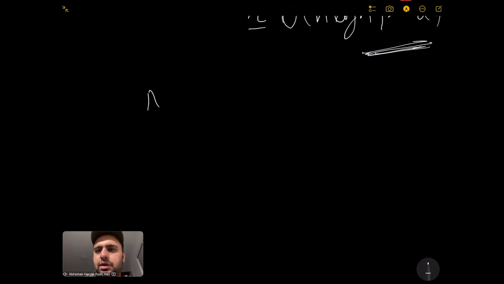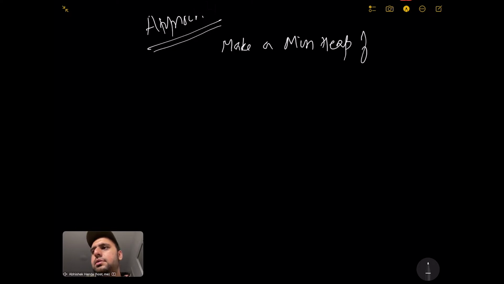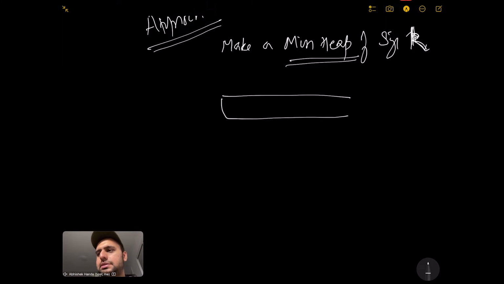Let's say approach 4. What is a good algorithm in this case is to not make a max heap. Instead, make a min heap of size k. And we need to do some kind of manipulation on that min heap. Let me demonstrate with this example.